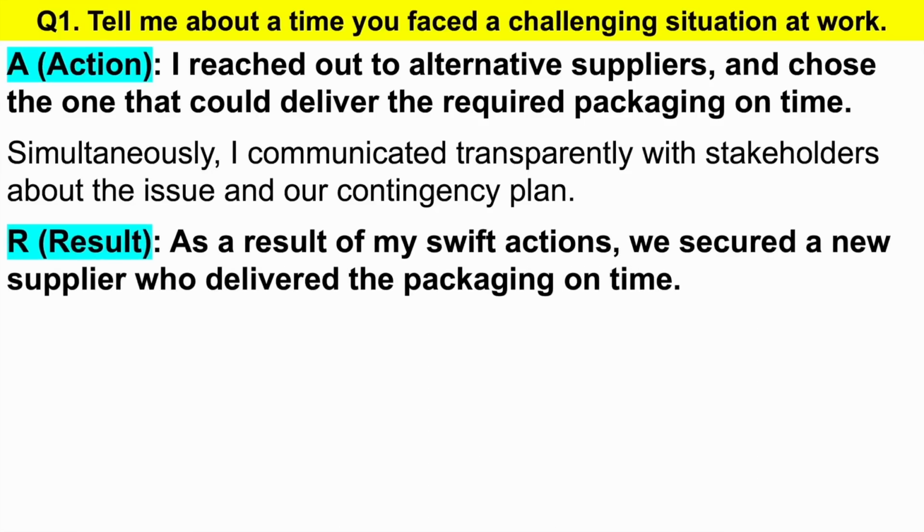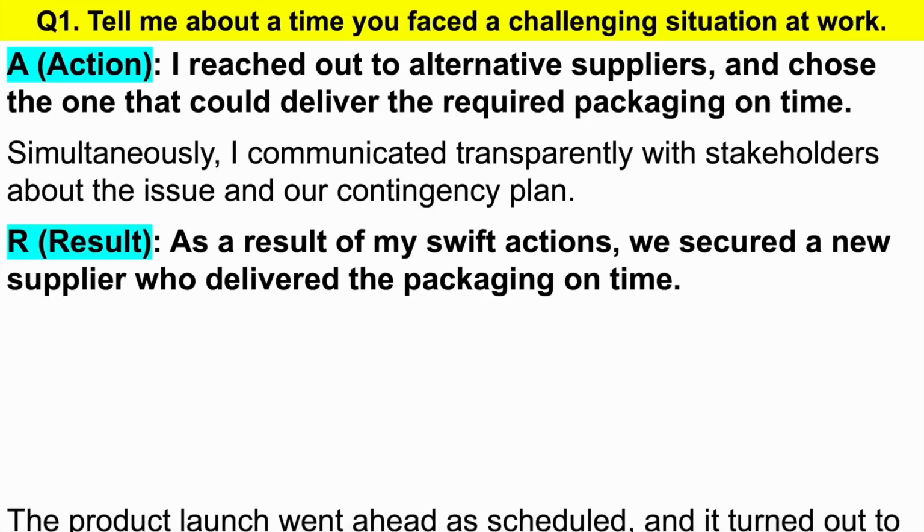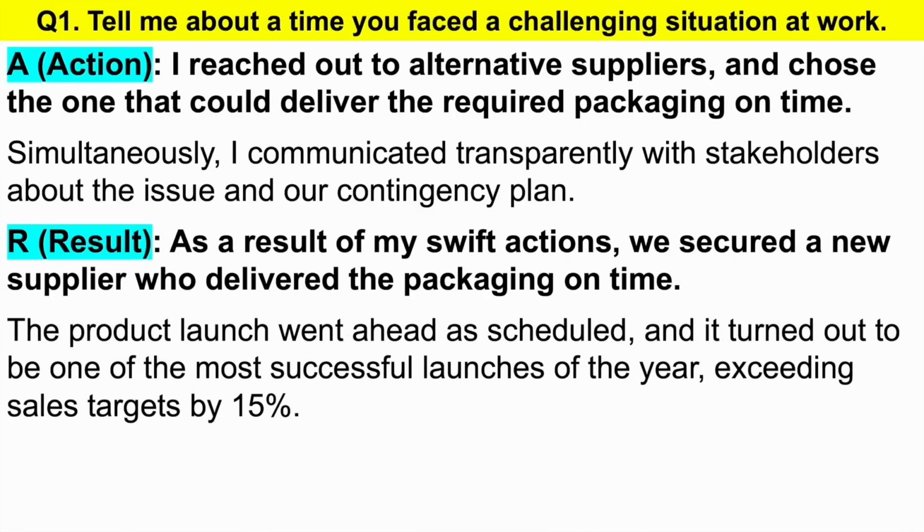As a result of my swift actions, we secured a new supplier who delivered the packaging on time. The product launch went ahead as scheduled, and it turned out to be one of the most successful launches of the year, exceeding sales targets by 15%.